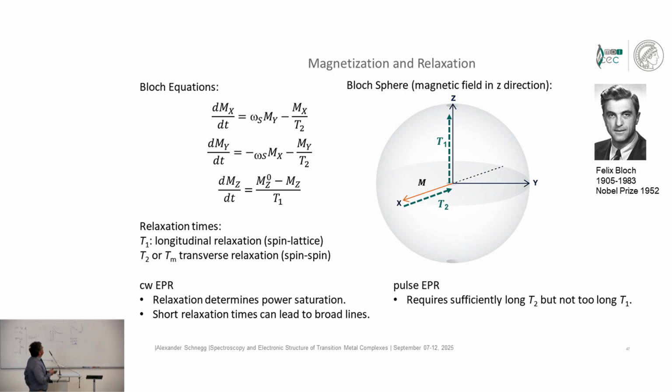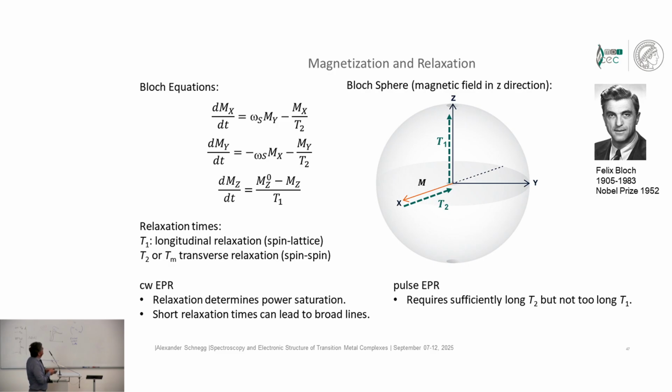The motion of the magnetization, which is formed by the individual spins in the samples, so you have many spins and they align with the external magnetic field and lead to a magnetization.